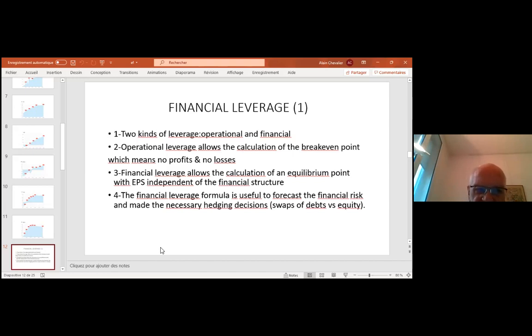The operational leverage allows the calculation of the break-even point, which means the situation with no profit and no losses if you don't take into account the financial decisions.